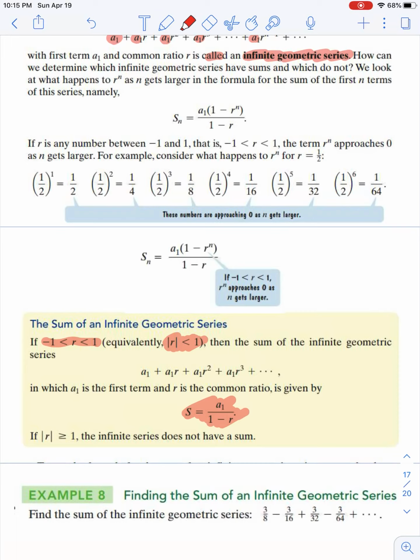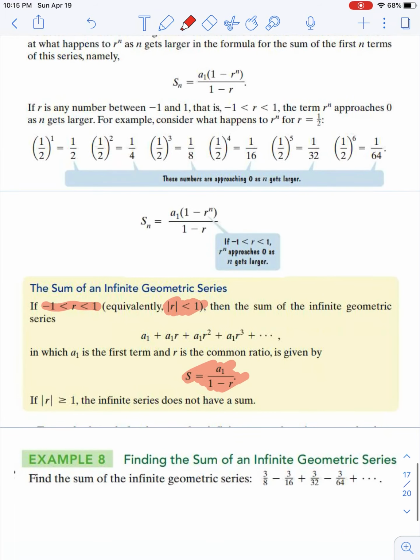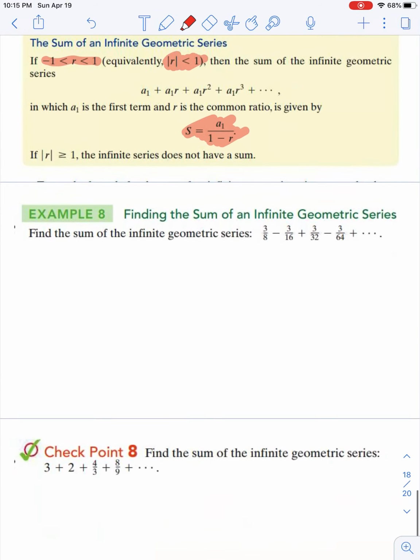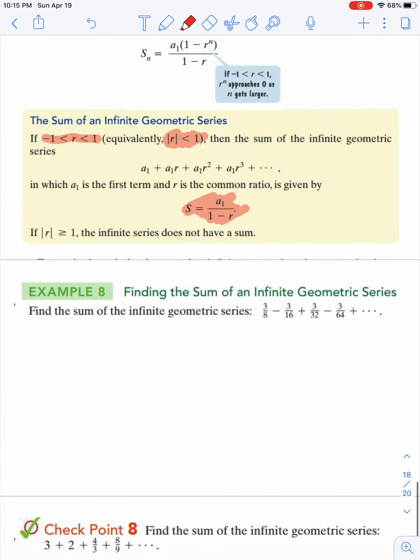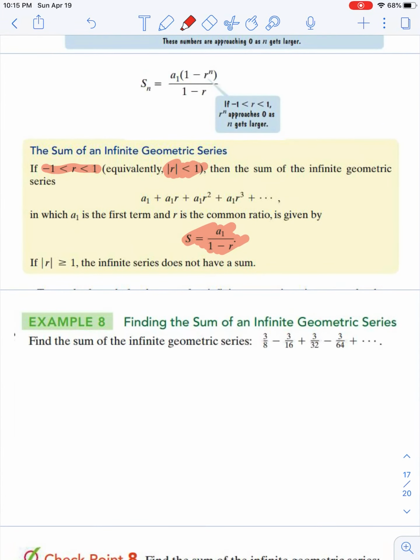We're going to plug directly into this in our first example, and I'm going to let you go ahead and do checkpoint 8 afterwards. If the absolute value of r is greater than 1, there is no sum. It's going to go off towards infinity, and once again, that's a non-real number.